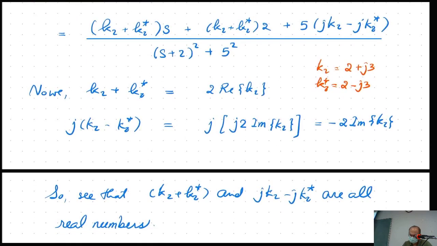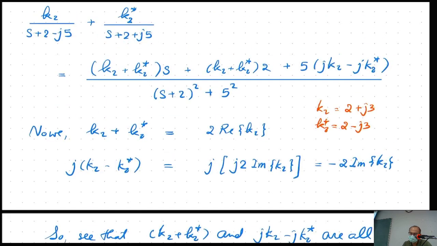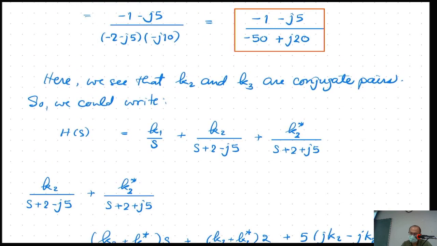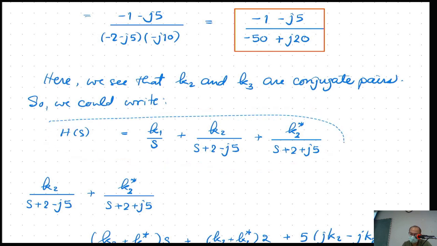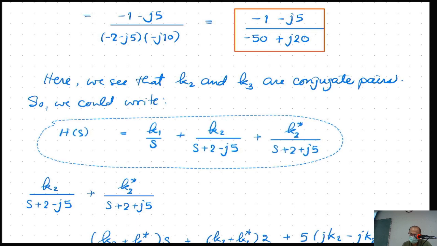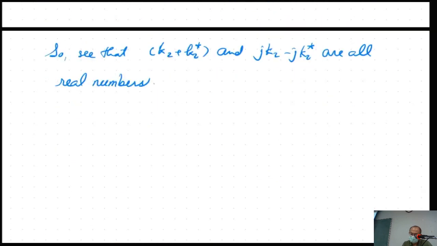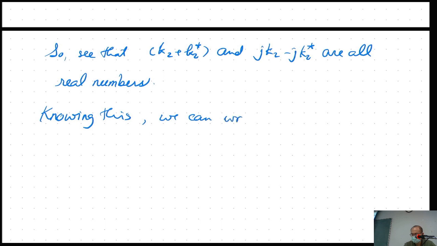Now, based on this information, we could have written this guy into an even easier form, like this. So knowing this, we can write HS in the following form.